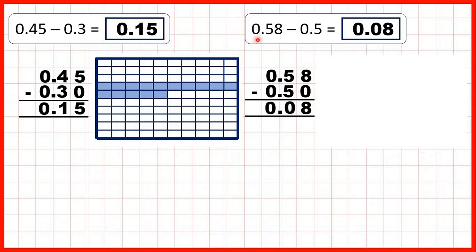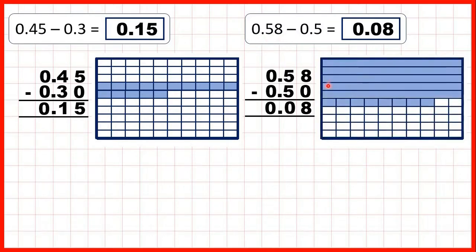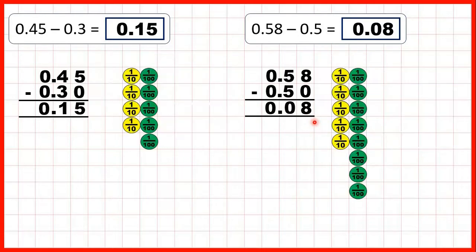Then we had 0.58, so 5/10ths and 8/100ths, and we were subtracting 0.5. So if we subtract 5/10ths, that leaves us with just 8/100ths, or 0.08.